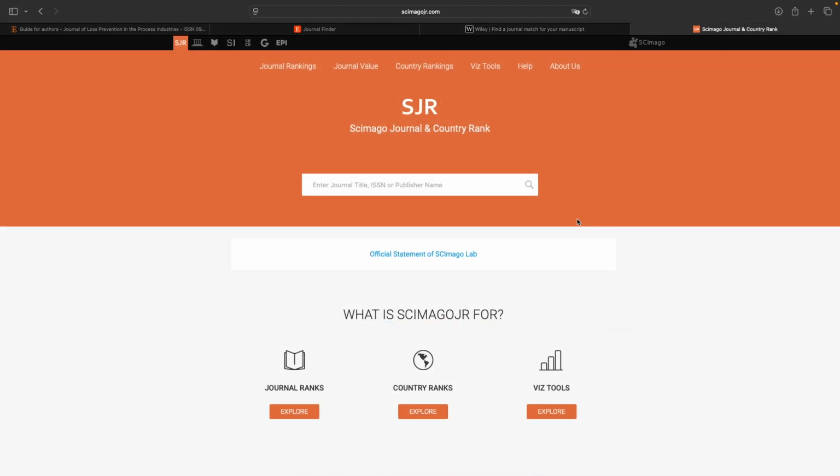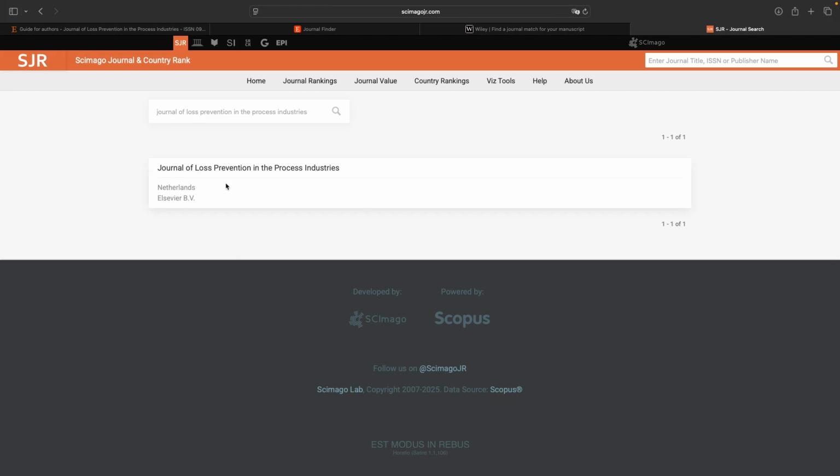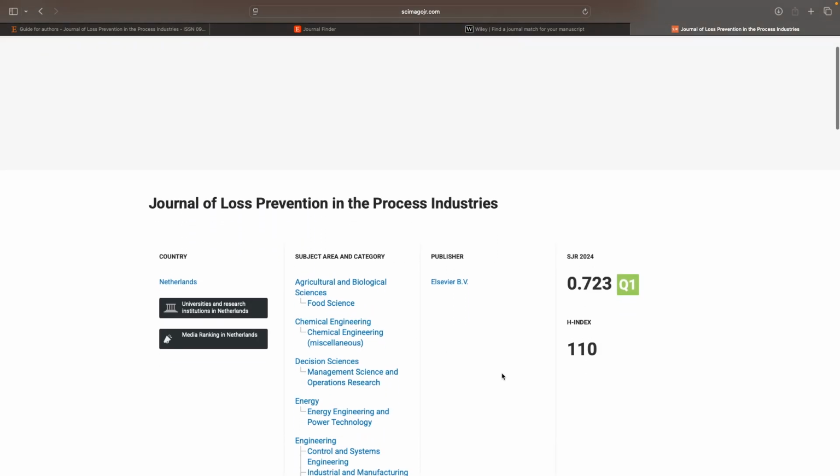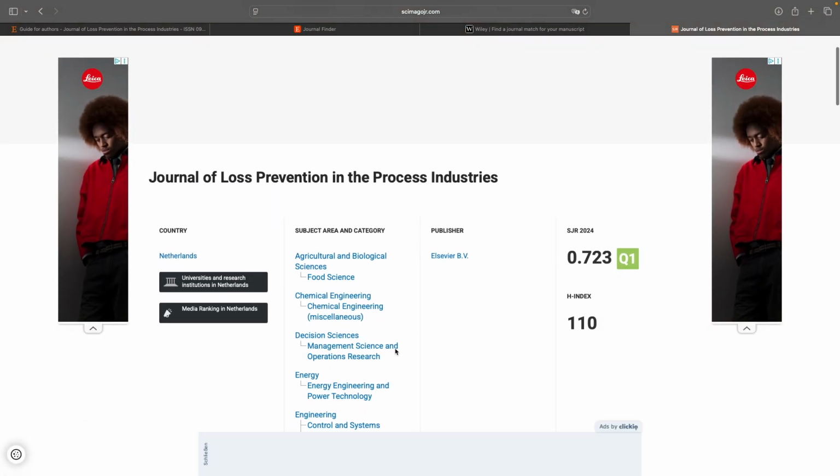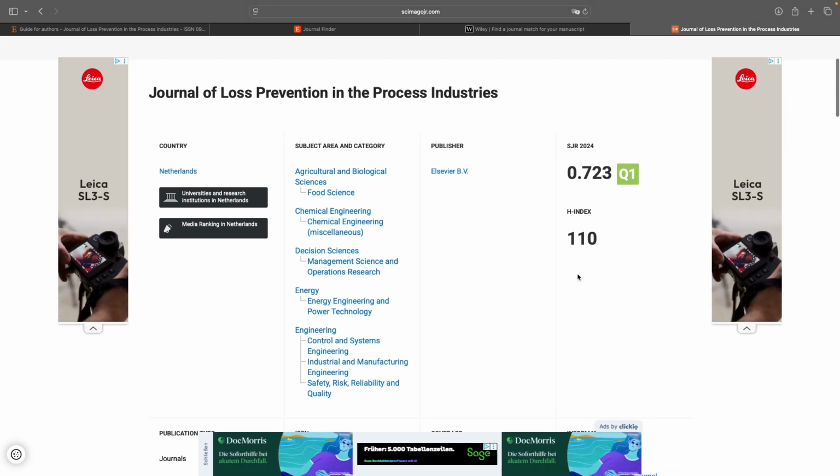So another website I would like to show you is scimagojr.com. You can type in the journal that you want. Let's take the Journal of Loss Prevention. Here it is. Those are the categories that this journal falls in.